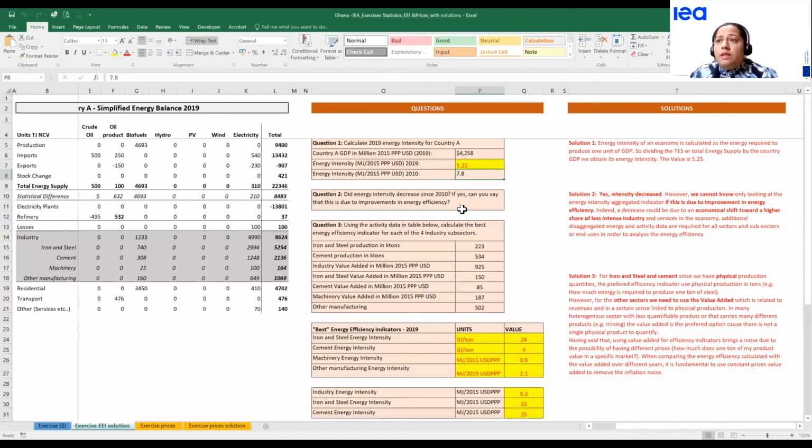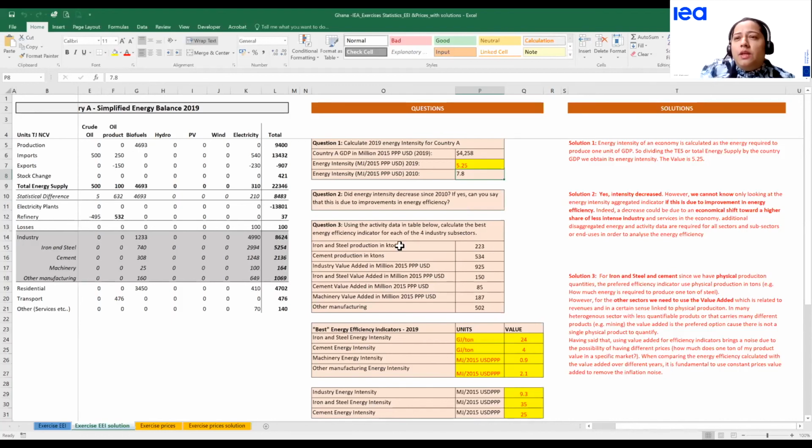But you need additional disaggregated energy and activity data for all sectors and subsectors in order to analyze the energy efficiency. So you really need more information in order to say that this is really due to the improvement in energy efficiency. Just the energy intensity indicator is not enough.